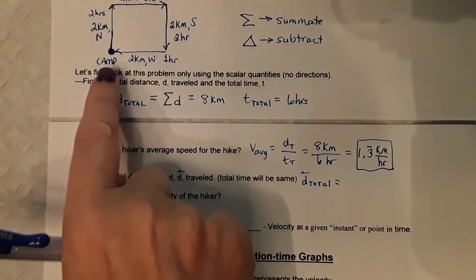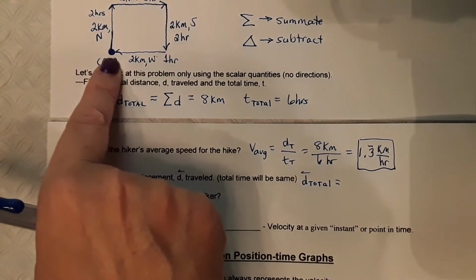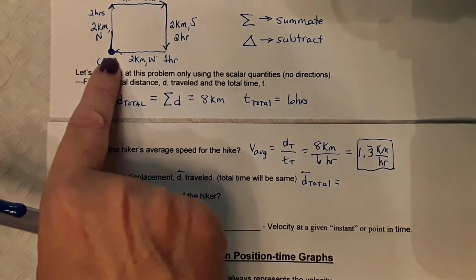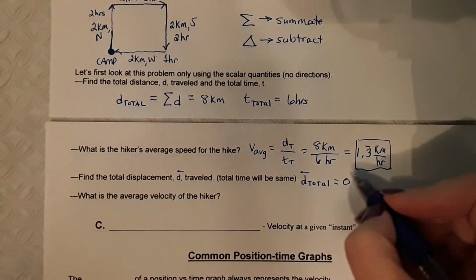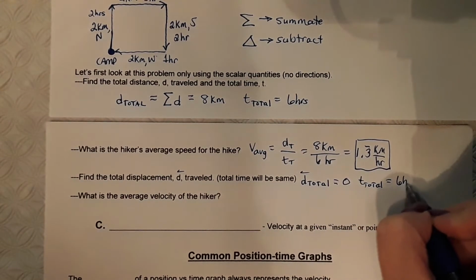Well, where did the hiker start? Oh, camp. Where did the hiker end up? Oh, camp. What's the difference between those two positions? 0. And a total time still of 6 hours.